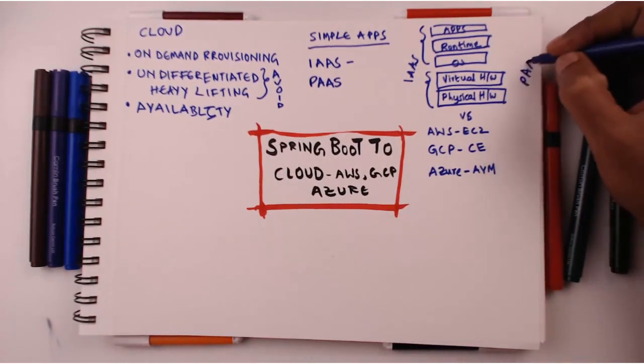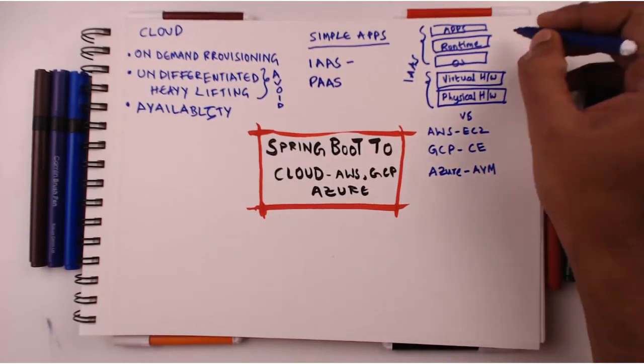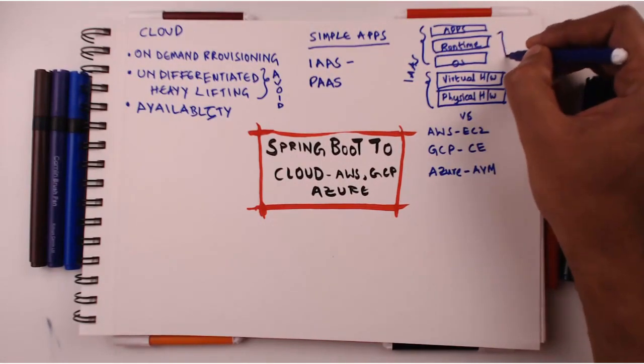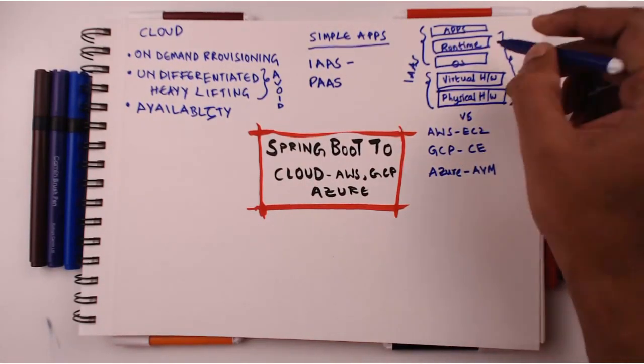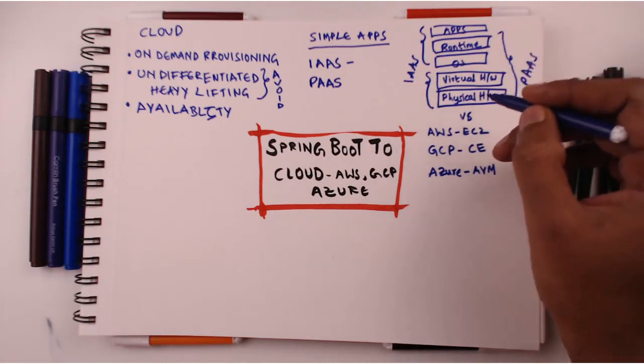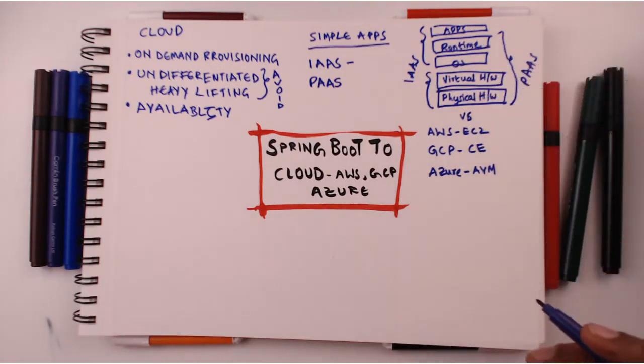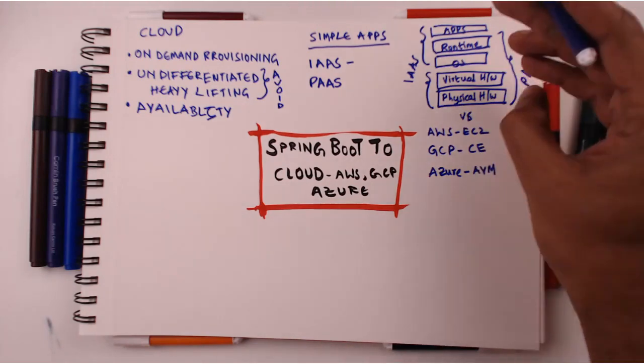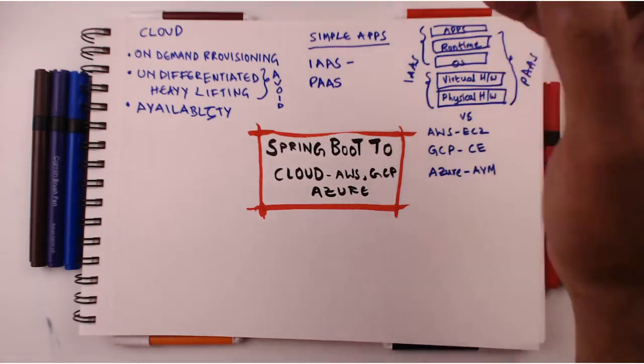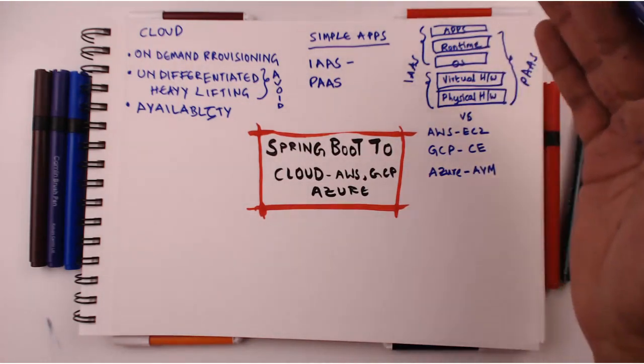In PaaS, the cloud provider is responsible for all the things up to the application runtime. So you can say, I would need a Tomcat server installed on a Windows machine, and the cloud provider would provide you that, and you can directly deploy the applications on it.